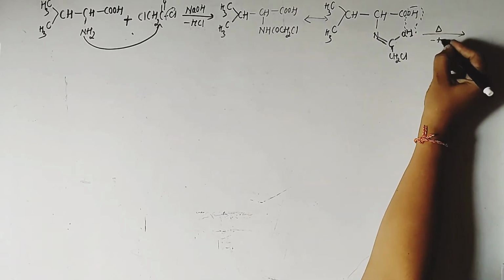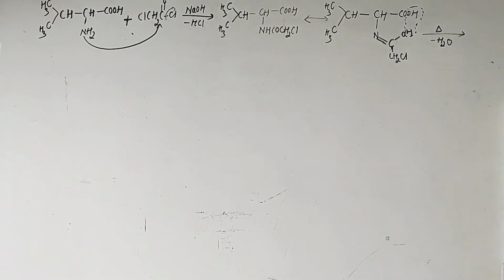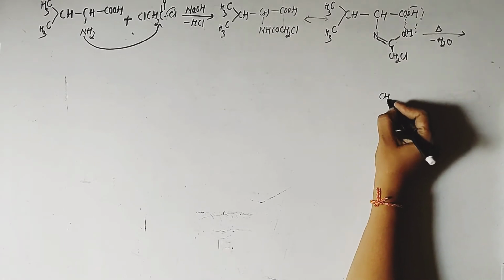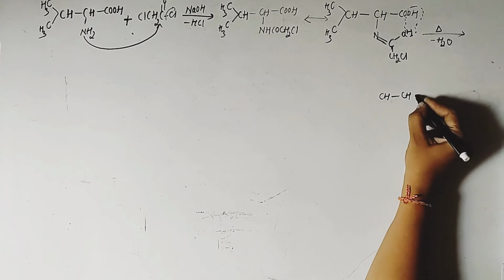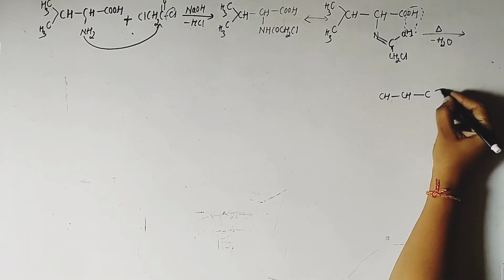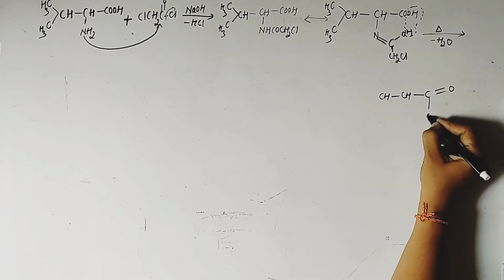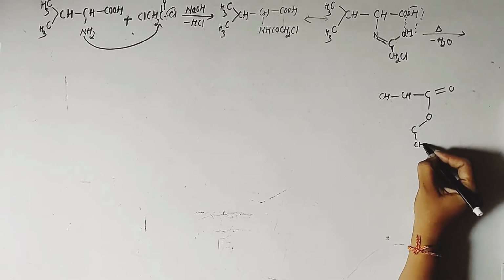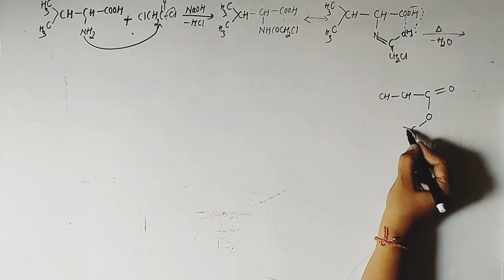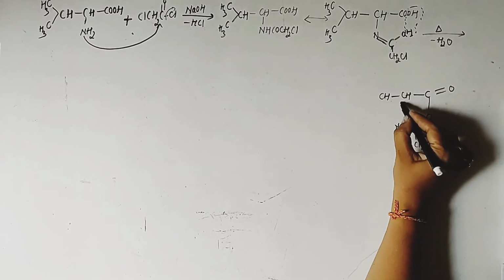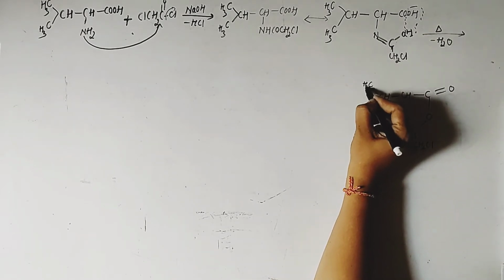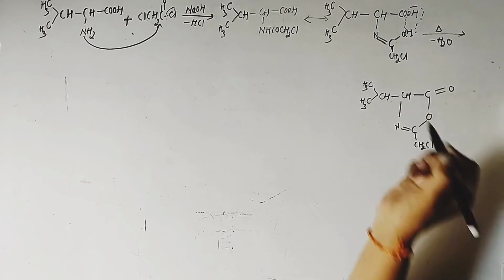The removal of a water molecule takes place, which leads to the formation of a 5-membered ring, that is CH, CH, here the CO group, and here one oxygen, which binds with carbon CH2Cl, and this side with nitrogen, which binds with this carbon, and the remaining structure CH3 and CH3.